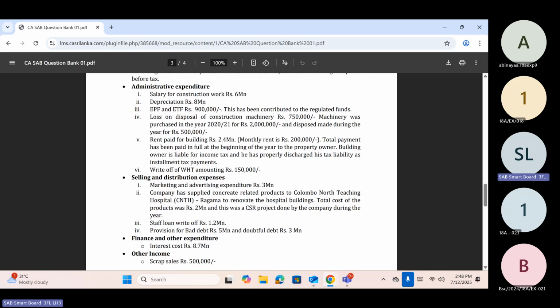So the deductible amount of interest cost, under note 2.